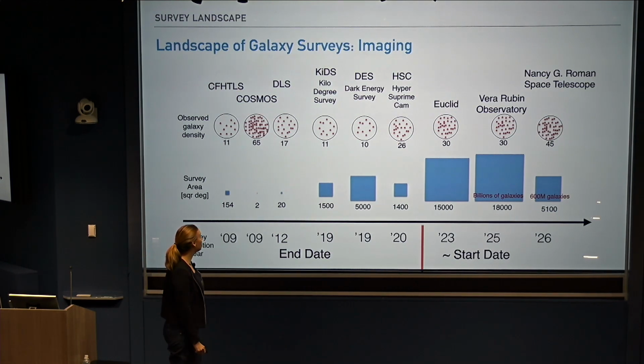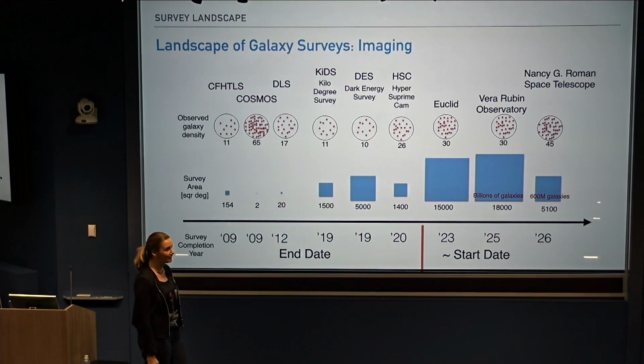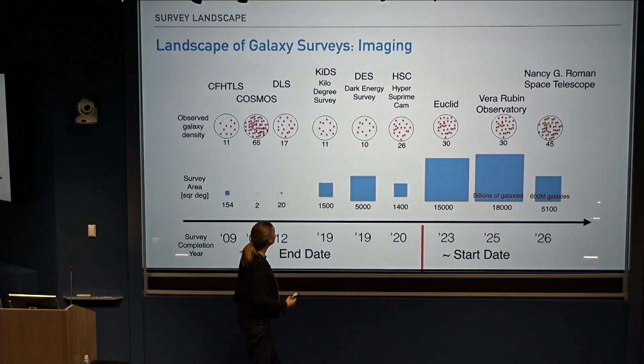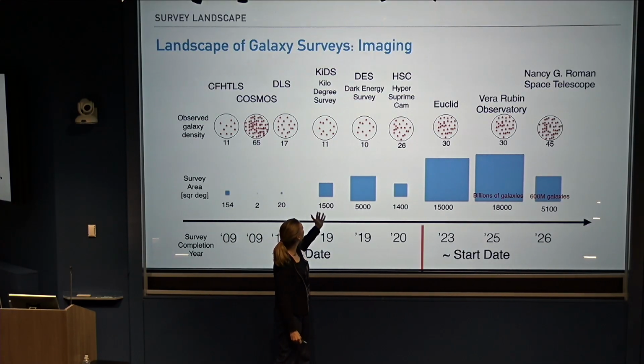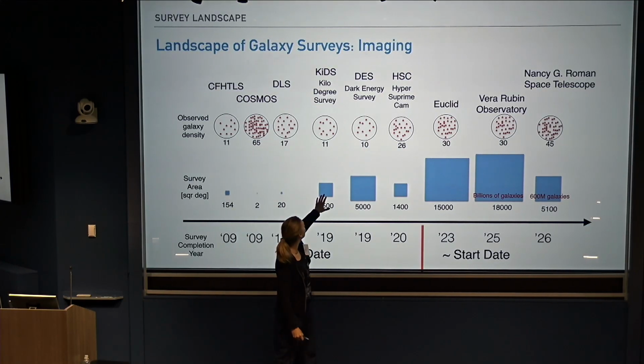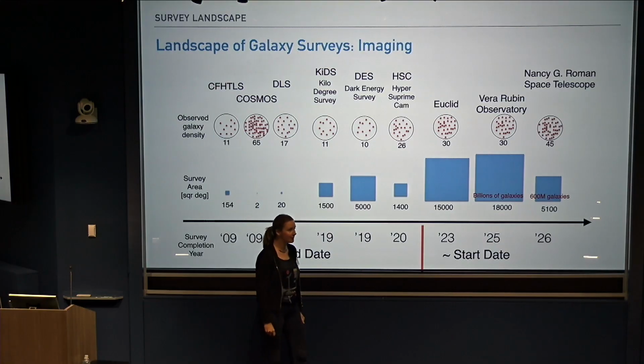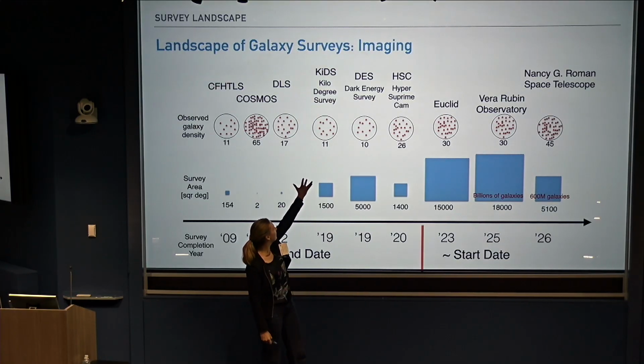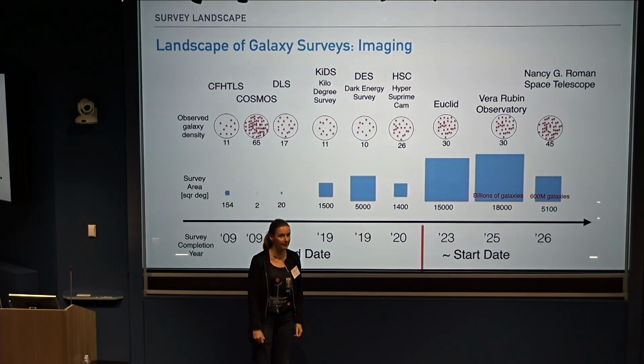But let's just start with imaging, and in particular here, weak lensing surveys, where right now we are still in the era of analyzing data from three surveys, I would say in friendly competition: the Kilo-Degree Survey, the Dark Energy Survey, and Hyper Suprime-Cam, all following slightly different strategies in terms of survey area, indicated by the squares here, versus survey depth, shown there in number of galaxies per square arcminute.